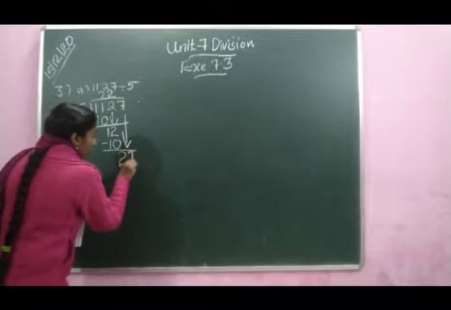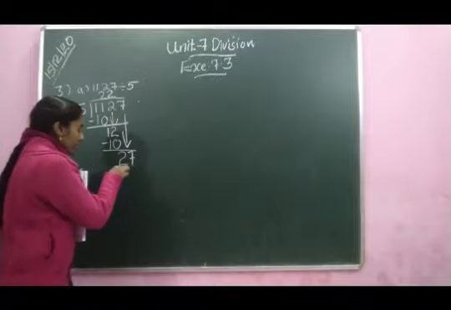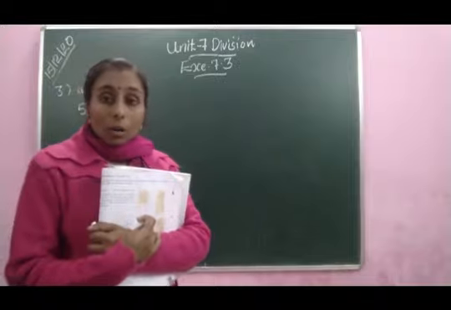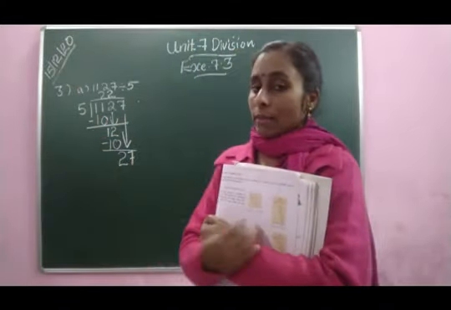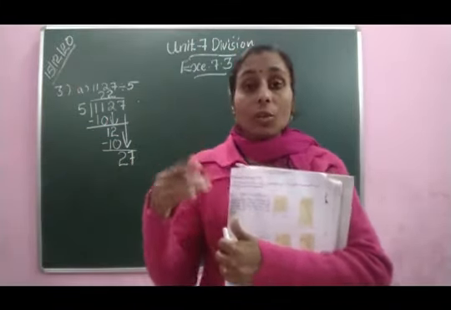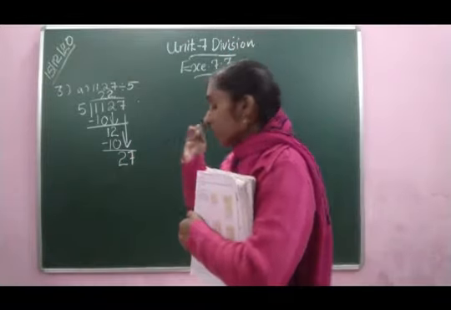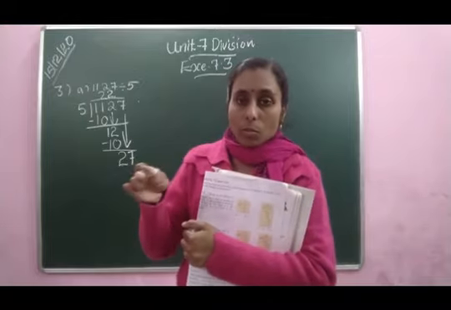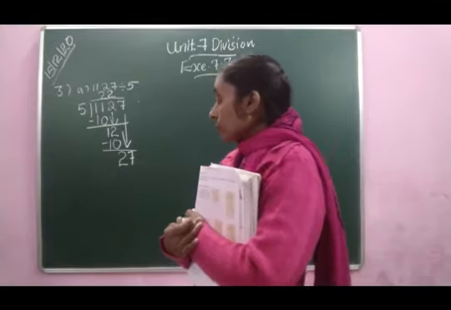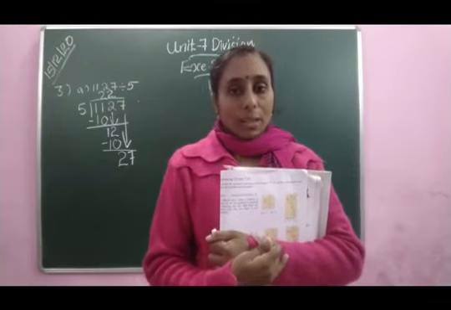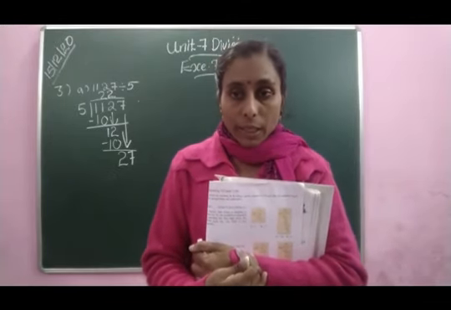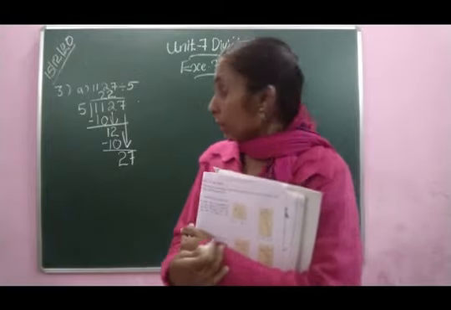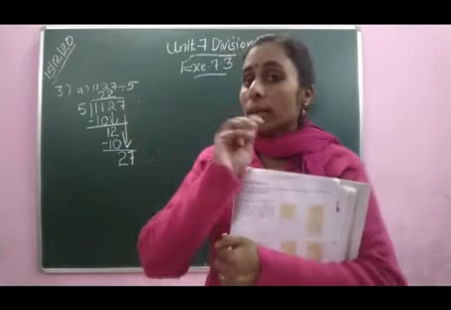Then what is the next number? 7 should come down. Now here it is 27 and the divisor is 5. How many 5s are in 27? In the 5th table, when will you get 27 or a number near it, or just a smaller number? 5 1s are 5, 5 2s are 10, 5 3s are 15, 5 4s are 20, 5 5s are 25, 5 6s are 30.